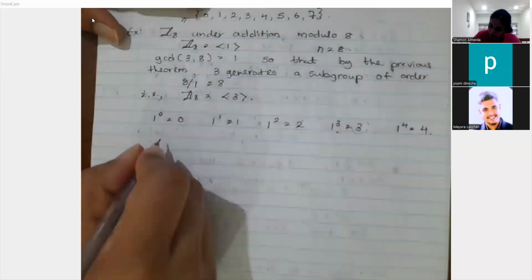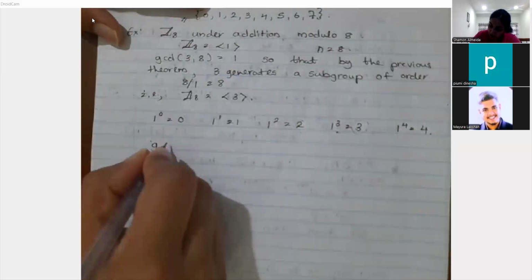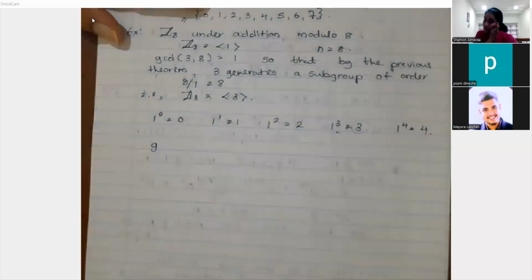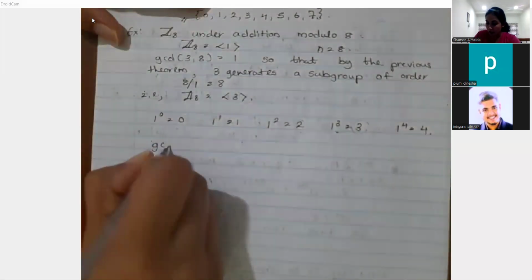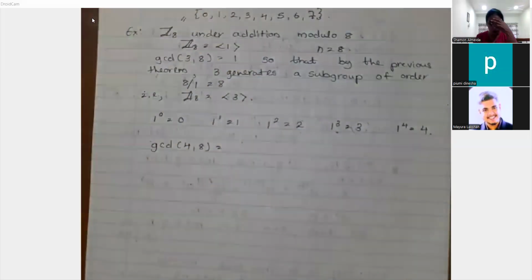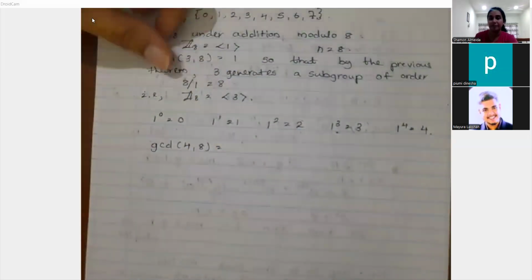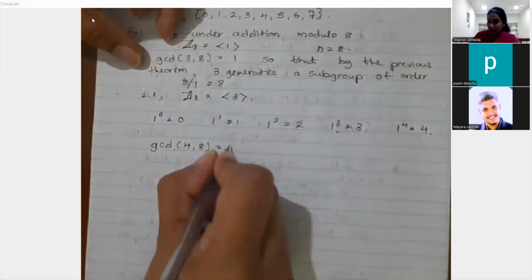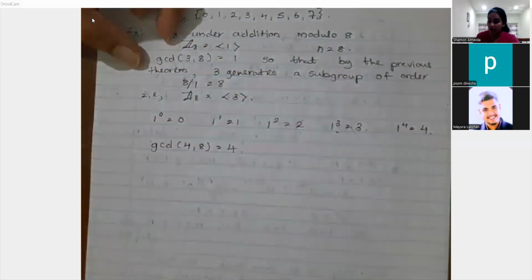So let's first of all find the subgroup generated by 4. Let's calculate the greatest common divisor of 4 and 8. What is the greatest common divisor between the two? That is 4. The greatest common divisor is 4.